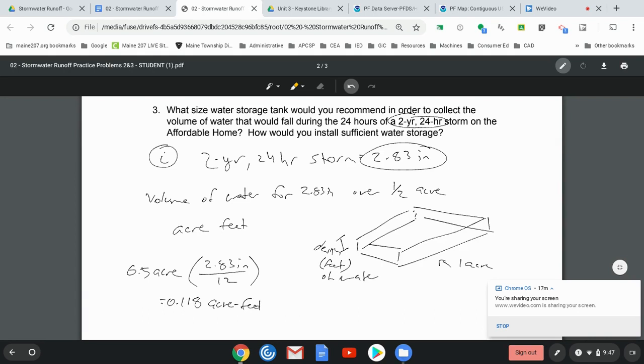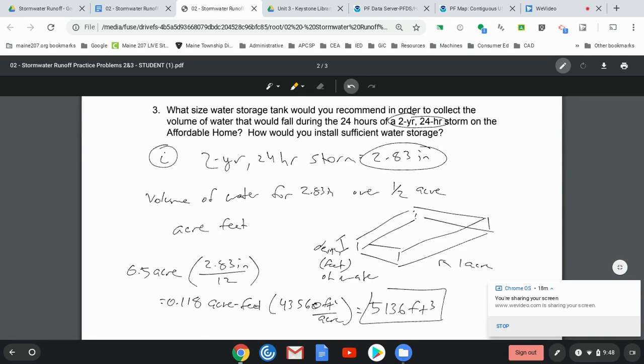To really get an understanding of what quantity of water this is, we need to convert from acres to square feet. So multiply this by 43,560 square feet per acre, and you need to take care of a total volume of water of 5,136 cubic feet.